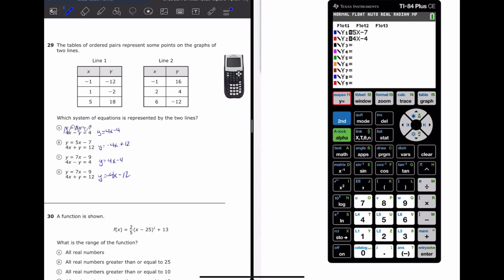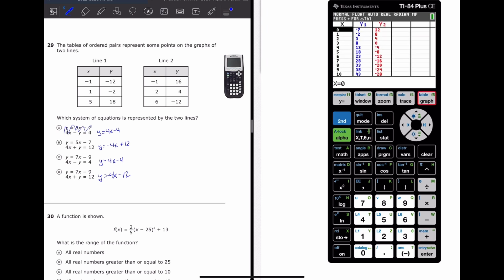Try your next choice. Negative 1 and 12, negative 1 and 16, okay. 1 and negative 2, 2 and 4, 5 and 18.